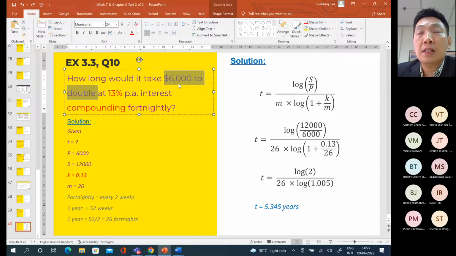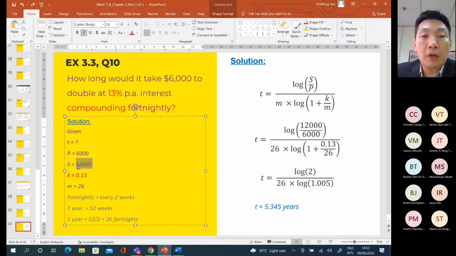And double means the future value, the maturity value, will be double of 6,000. So the S value is equal to 12,000, which is 6,000 multiplied by 2. Are you okay with S, because of this word double?